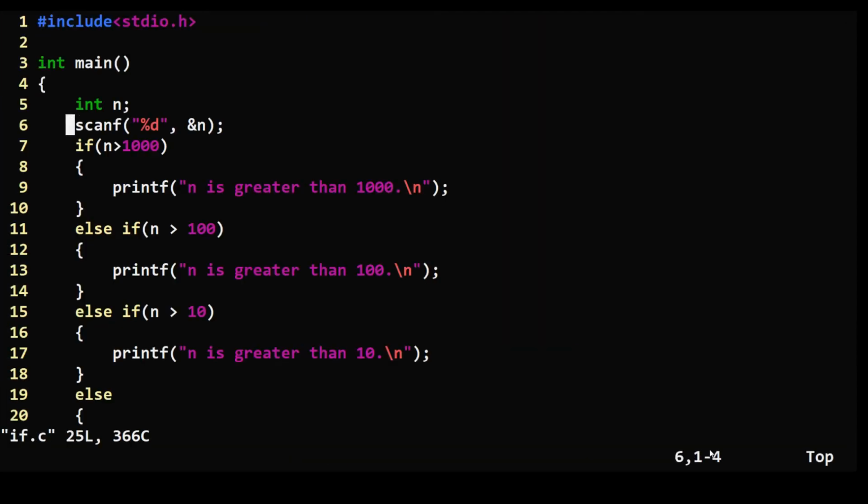So that worked. So what we have here is else if and a condition. Else if and a condition and a block like that.